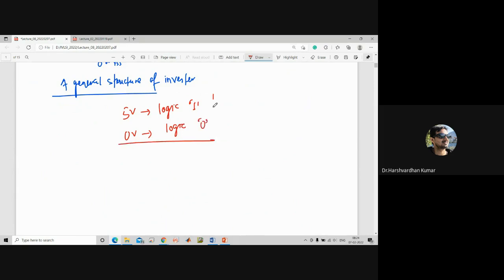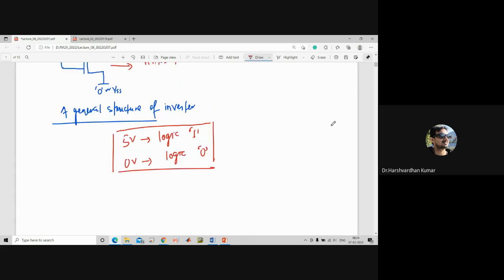But practically, there is a certain range. Let us say 4 to 5 volt is known as logic 1 and 0 to 1 volt is known as logic 0. It depends on the design consideration. Theoretically, we can assume that 5 volt is logic 1 and 0 volt is logic 0. This is the theoretical concept you have to remember.